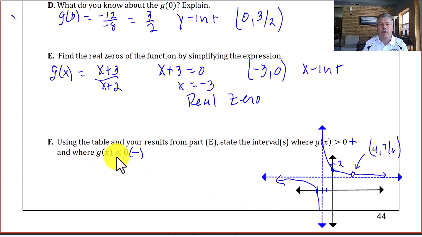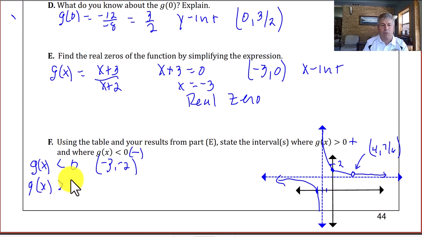So where's our graph less than 0? Well, it was just between -3 and -2. So that's a little bit easier. So g of x is less than 0 just in that one range from -3 to -2. Now g of x is positive, greater than 0, in a few more places. It's positive all the way from -infinity to -3, non-inclusive.